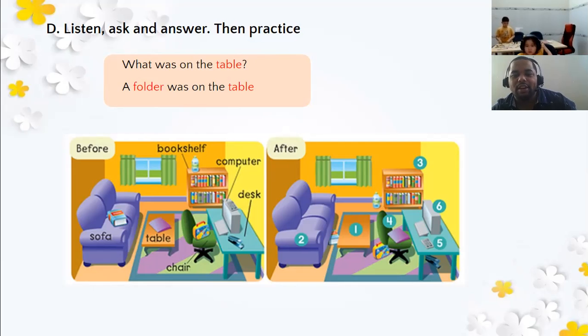And let's see here. What is number two? You already told me. What was number two? Number two, do you remember? Number two was a sofa.